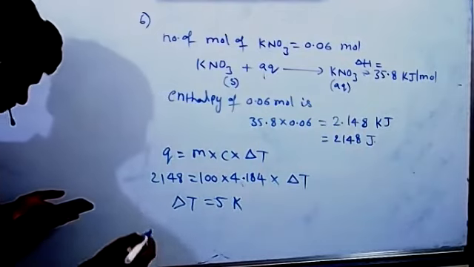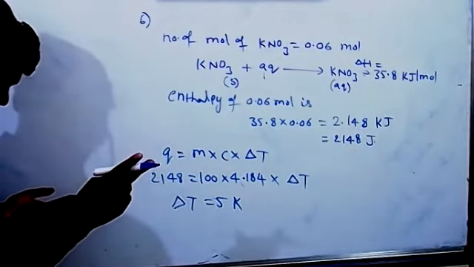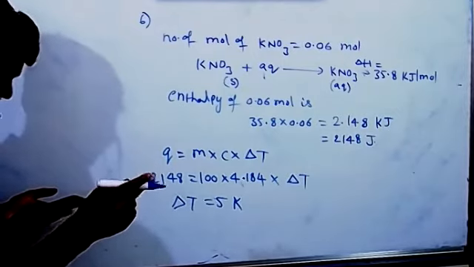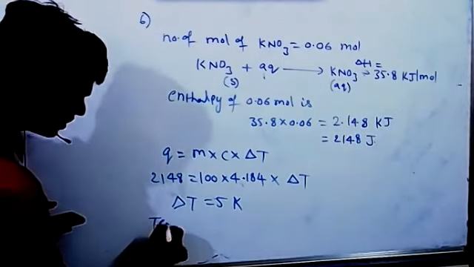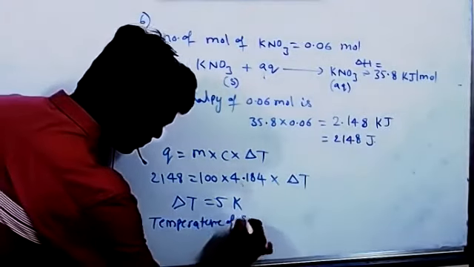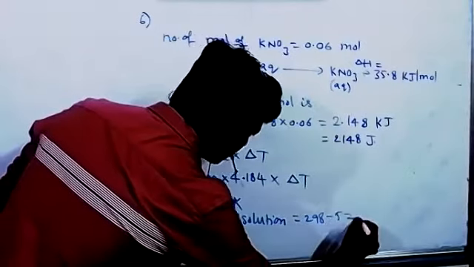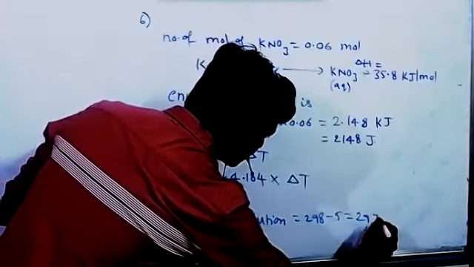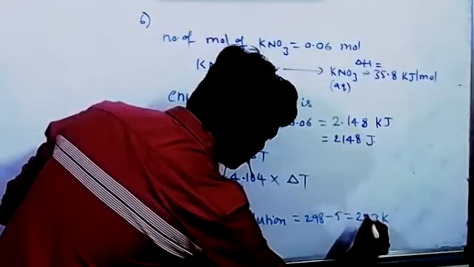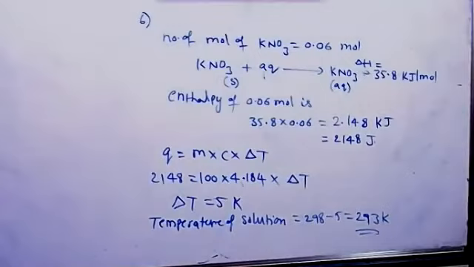After the solute is added, the temperature of the solution becomes 298 minus 5. It gives 293 Kelvin. So this is the answer. Suppose it is exothermic, we have to add that 5. Temperature increases if the process is exothermic.